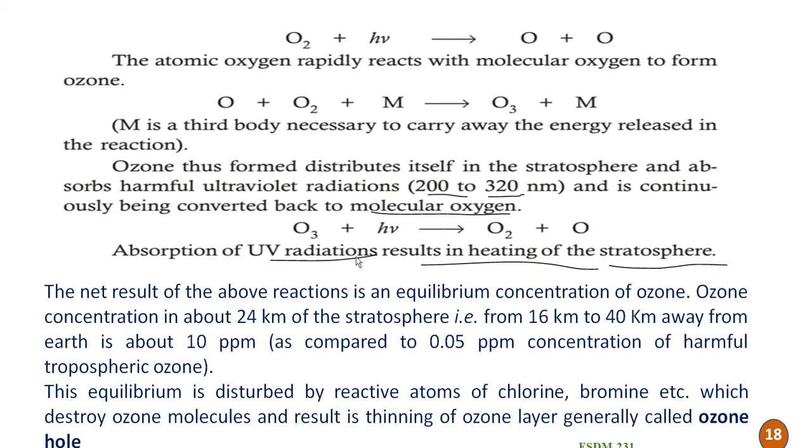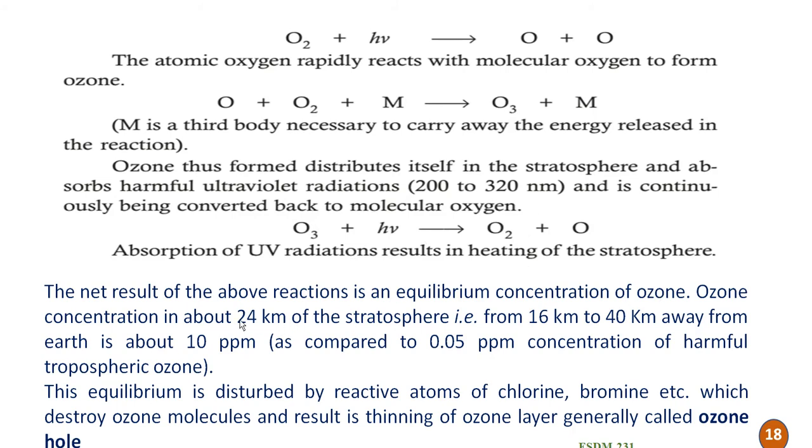The net result of the above reaction is an equilibrium concentration of ozone, because ozone is being formed, and as well as dissociated again into molecular oxygen and atomic oxygen. So in this reaction, the equilibrium concentration of the ozone is maintained.